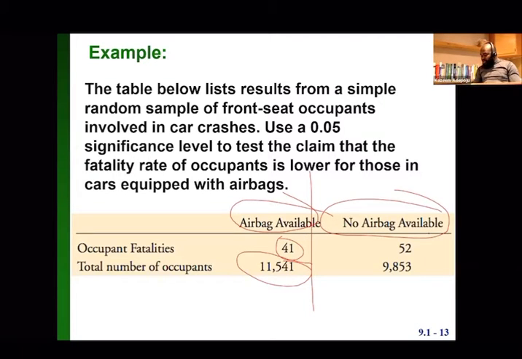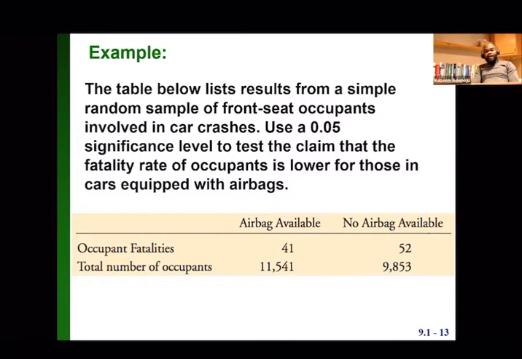Out of 9,853 without airbags, 52 of them died. So we want to compare fatality in two situations: when an airbag is available in a car and when it is not.